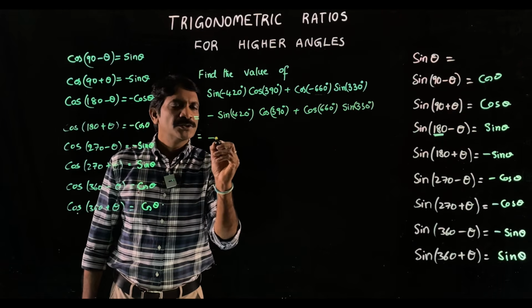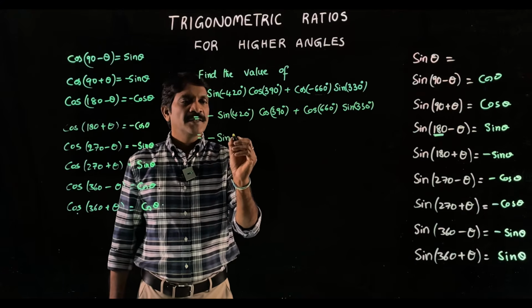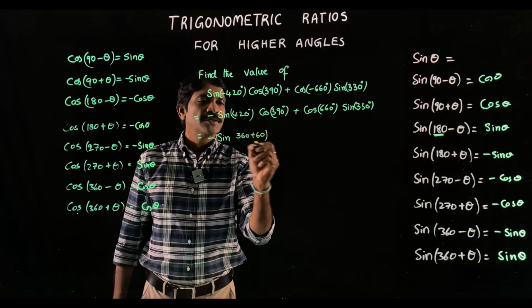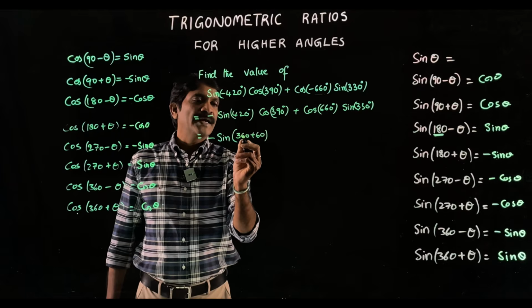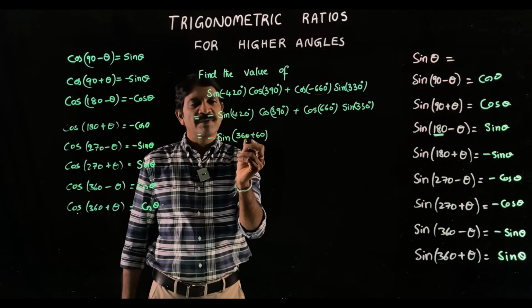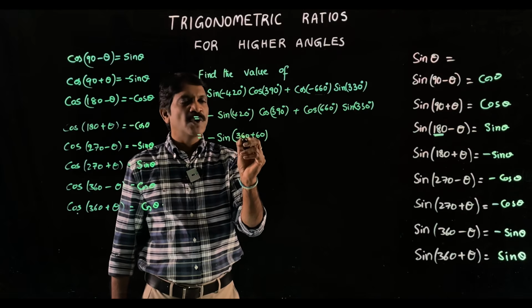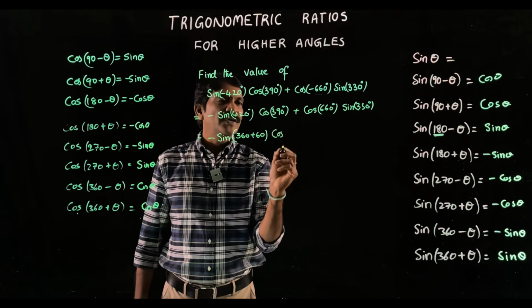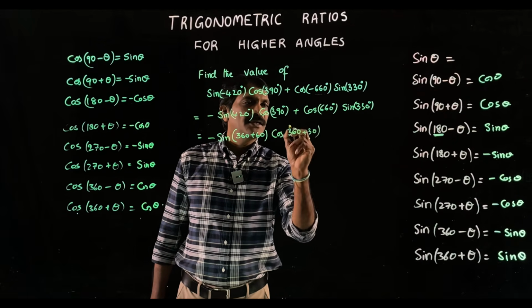Now let us use our discussion that 420 degrees can be written as 360 plus 60. Always use a quadrant angle here. 0 degrees, 90 degrees, 180 degrees, 270 degrees or 360 degrees are called quadrant angles. Use the nearest quadrant angle, and for 390 degrees it is 360 plus 30.